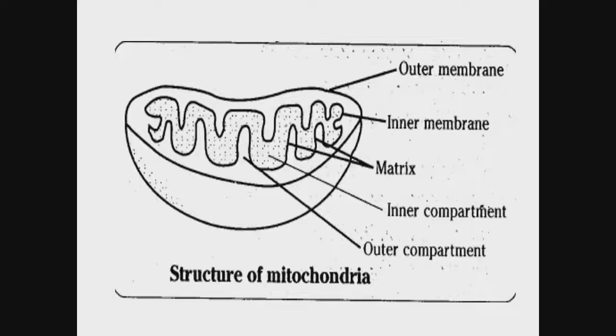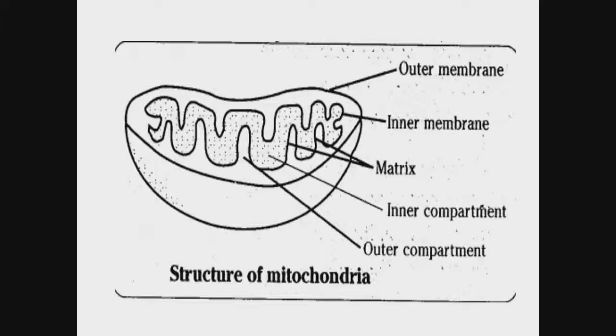Now we need to know the structure of the mitochondria. The mitochondria, we said, is a double bounded organelle. What does that mean? It is made up of 2 membranes: the outer membrane, the membrane outside, and the inner membrane, the inside membrane.